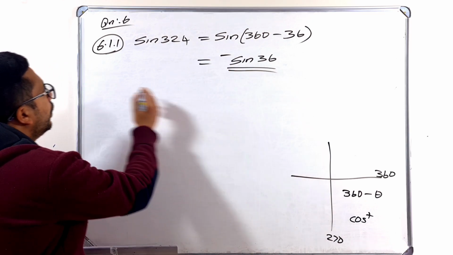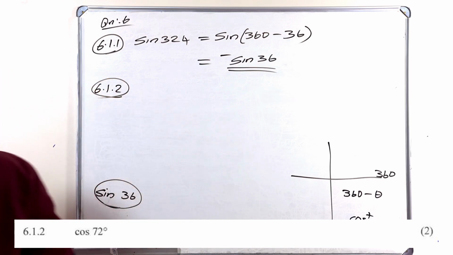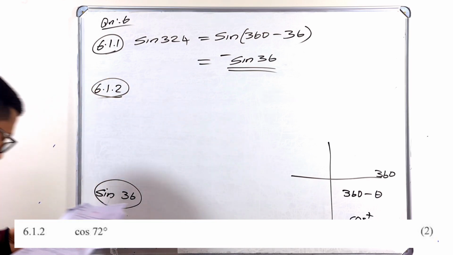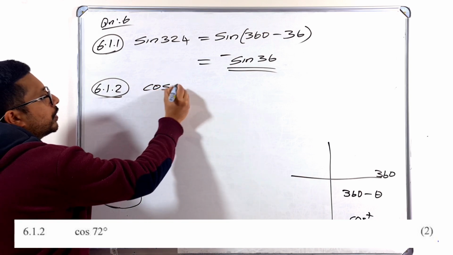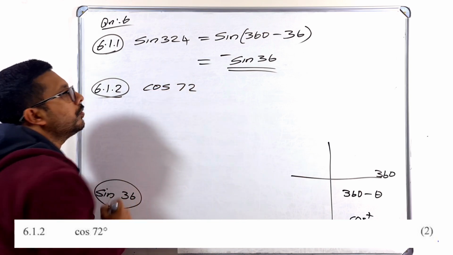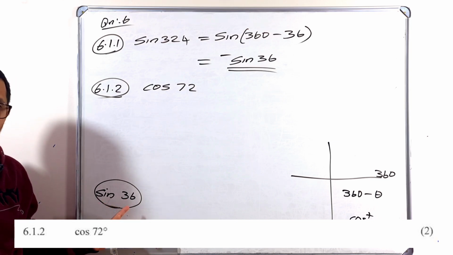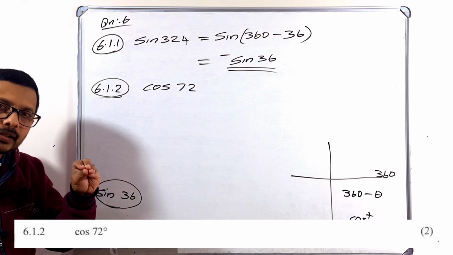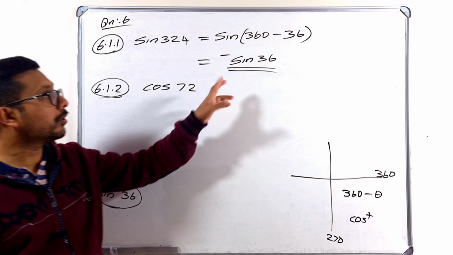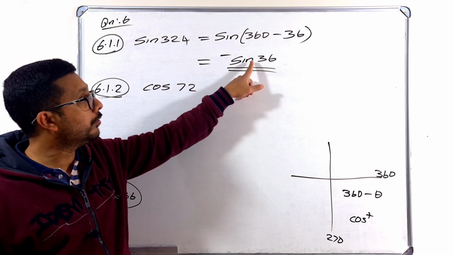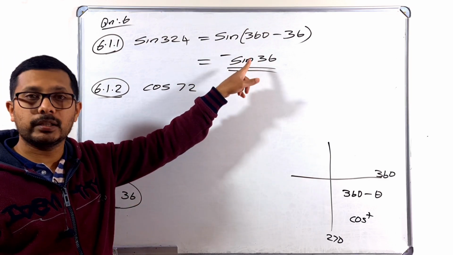Okay. Next question, 6.1.2. What is that question? Cos of 72. You have to write this one also in terms of sine 36. That means in your answer that sine 36 must be there. That's all. Maybe some of you are thinking when you get this answer, it is not sine 36, it is minus sine 36.